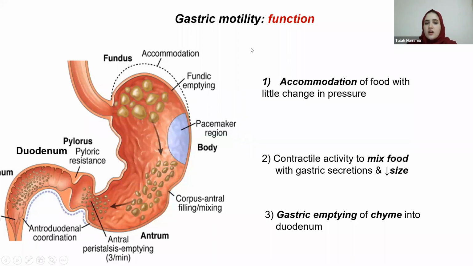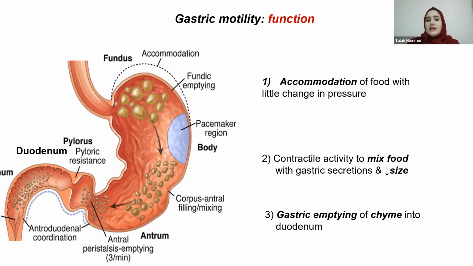So our stomach has to accommodate our food, and it has to accommodate it with no pressure changes. What does no pressure change mean? You know how in our chest the pressure in our lungs is at a specific degree, and if the pressure increases or decreases, this might cause a pathology or disease. The same thing happens in our stomach.